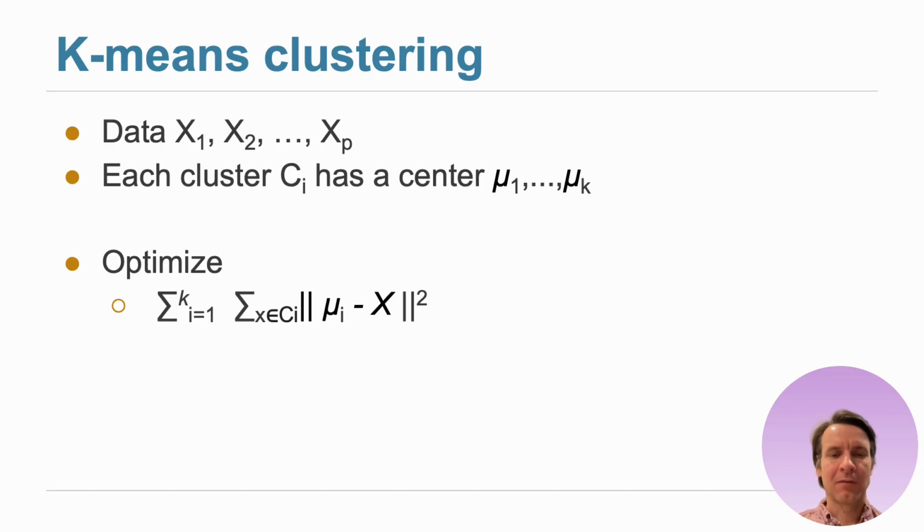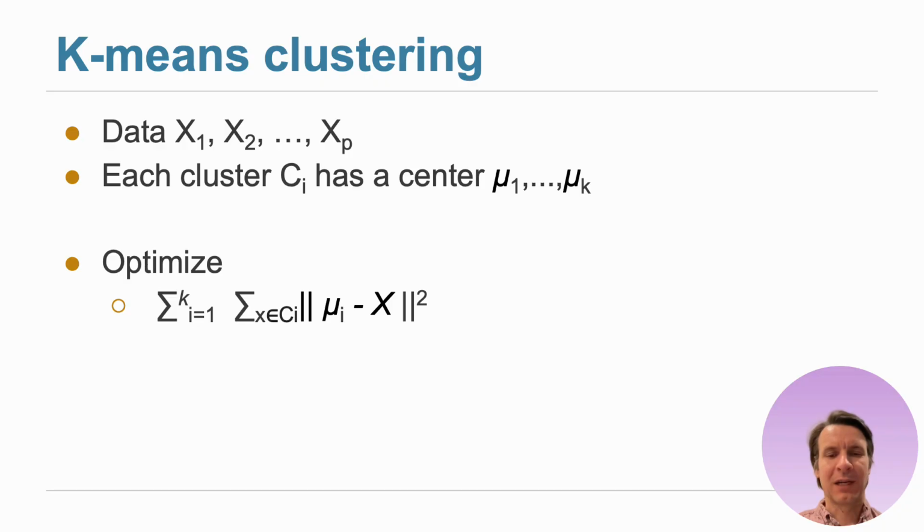And then what I would like to do is partition the data points x1 up to xp into k different sets, k disjoint sets, and I will call them clusters. I will calculate how far these sets are from the centers.